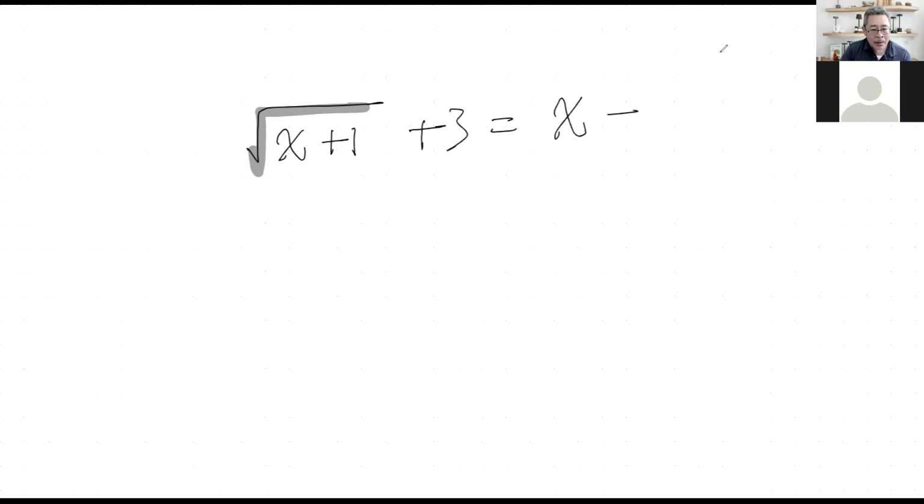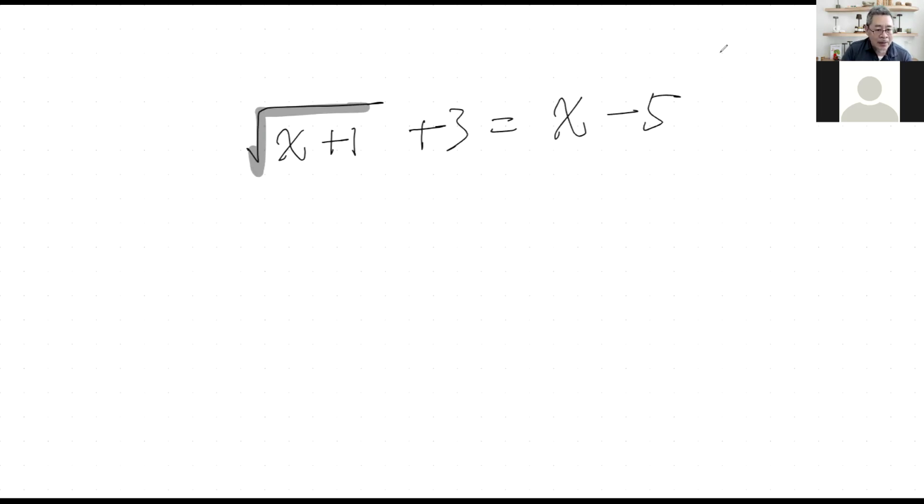All right. Now we're going to see another example. Oh, wrong one. Square root of x plus 1 plus 3 equals x minus 5, and see what happens.